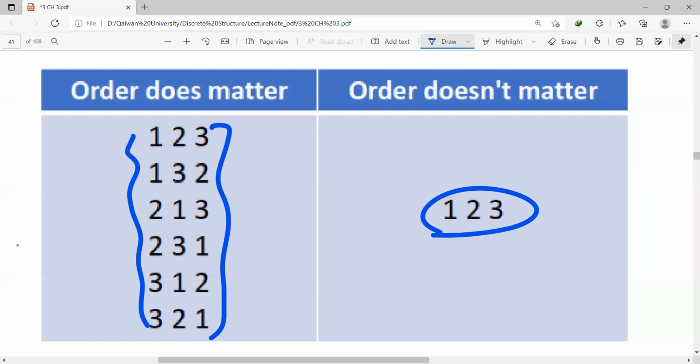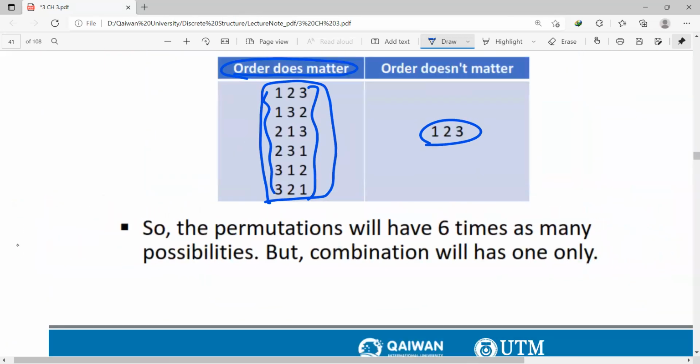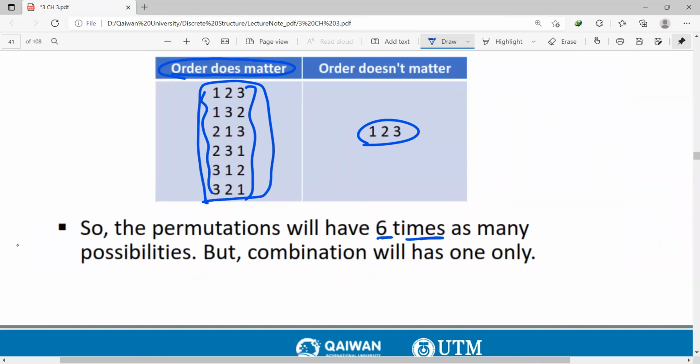As you see here, for choosing 3 balls out of 16 balls, if the order does matter, we will have 6 times as many possibilities. This is for permutations. But for combination, one has only 1. We just pick 3. We don't care which of the 3 balls is the first one.